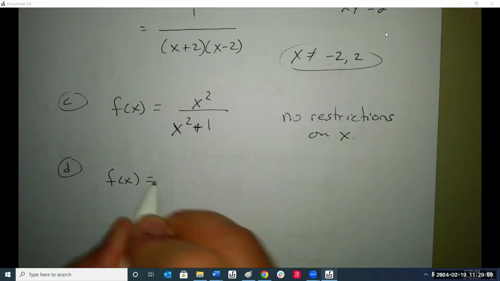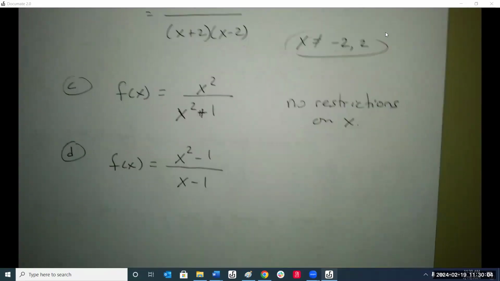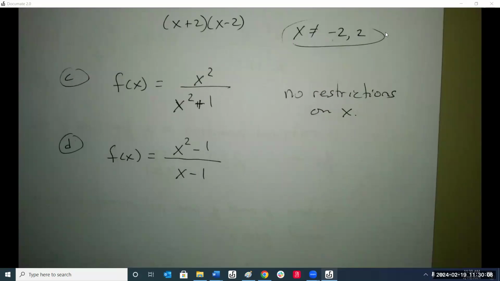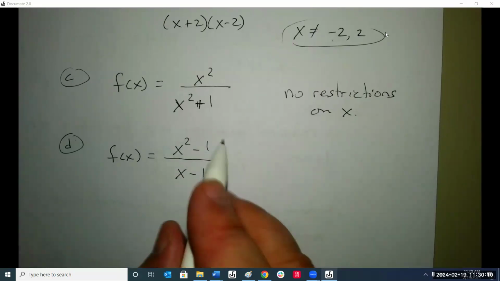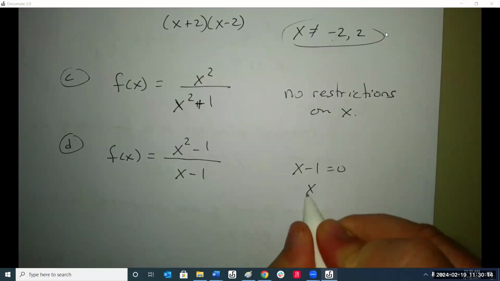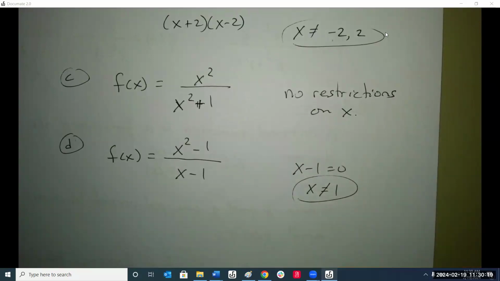So x squared minus 1, over x minus 1. Before we do anything, we look at the bottom. So x cannot equal 1. That's my restriction, but it's got a special name.